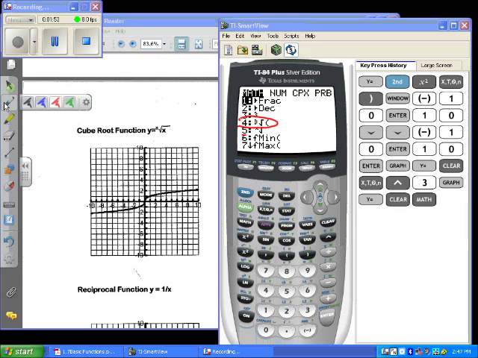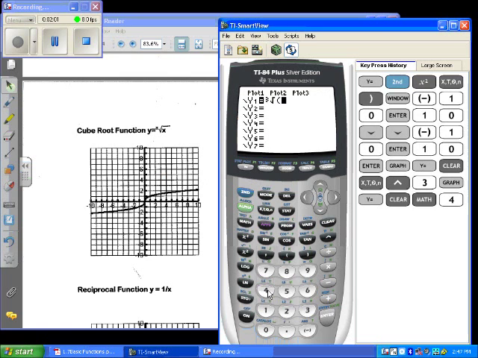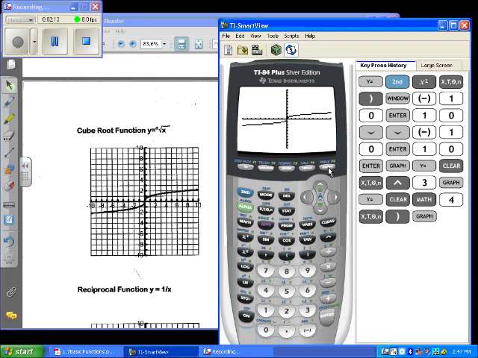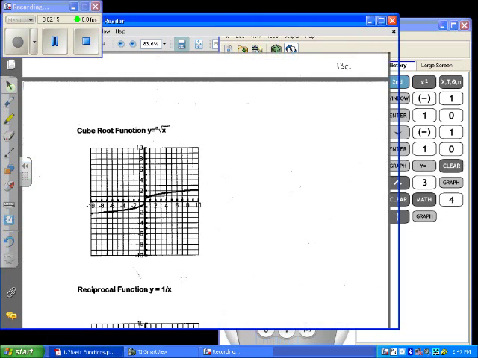All other roots, you can actually use the next one, but we're going to use a cube root function. We're going to use number 4. And then the cube root of x, and then close my parenthesis. And then the cube root function. Okay, let's go on to the next one.